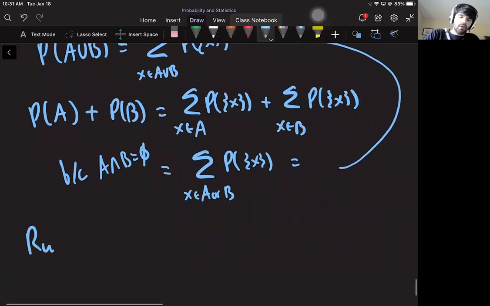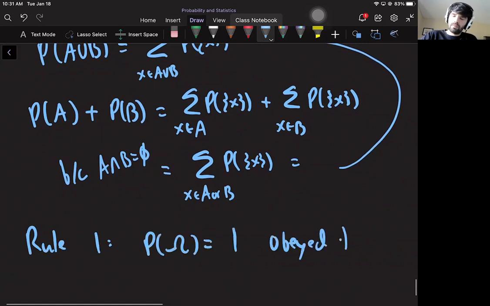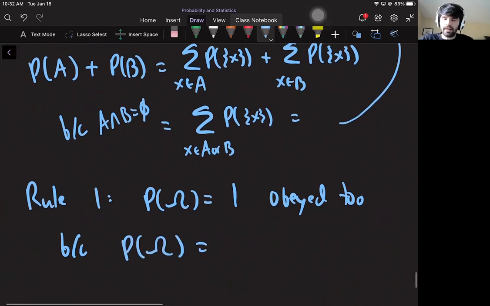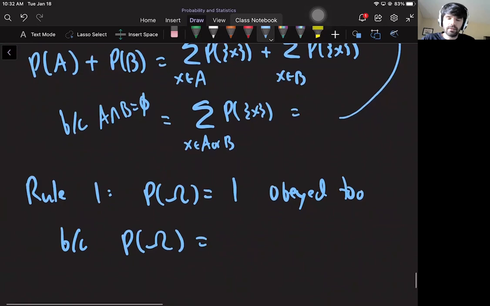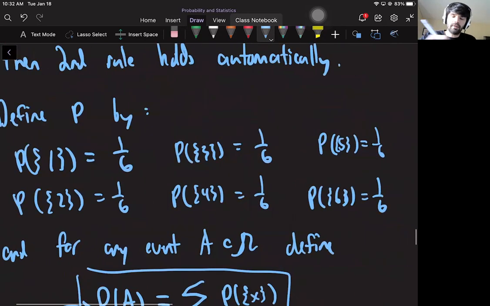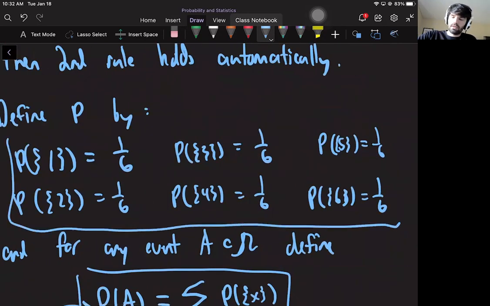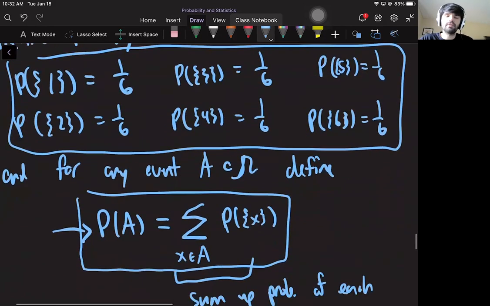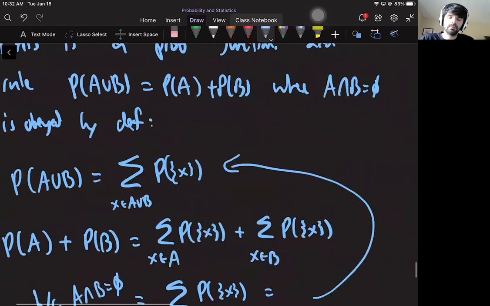And then rule 1, which is that this guy needs to be equal to 1. And that's just because if I do the probability by adding up the probabilities of each individual outcome, the fact that I chose these originally to add up to 1 is what's going to make this happen. So if I just add up 1/6 plus 1/6 plus 1/6 plus 1/6 plus 1/6 plus 1/6, that will add up to 1.